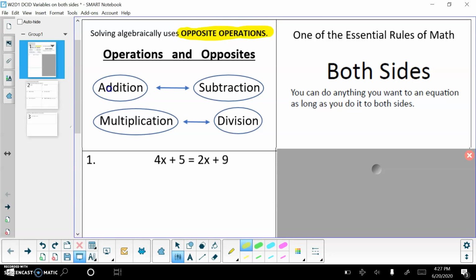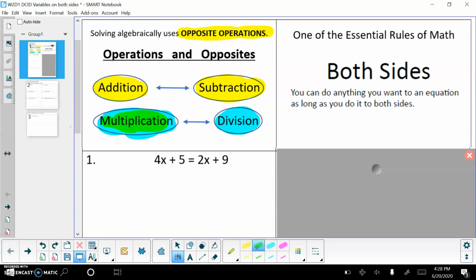If the problem is connected with addition or positives, then we use subtraction or negatives in order to isolate our variable, get the x by itself. If it's connected with multiplication, then we're going to use division.